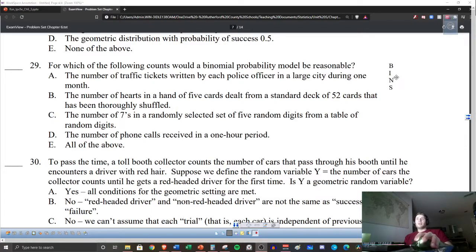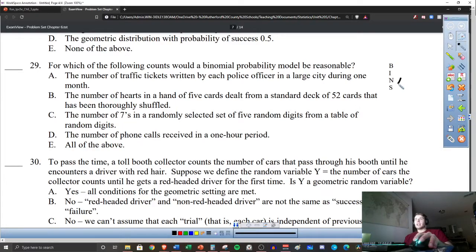The big issue here is that there are no set number of trials in advance. You're counting the number of traffic tickets, but there's nothing like a set number happening here. Also, for the probability of success, officers are stationed in different places, so there's no way that we have the same probabilities. They would be independent, and then you give a ticket or you don't, so it kind of is binary, but because of these last two, I'm going to say no on that. So for me, it is not A.